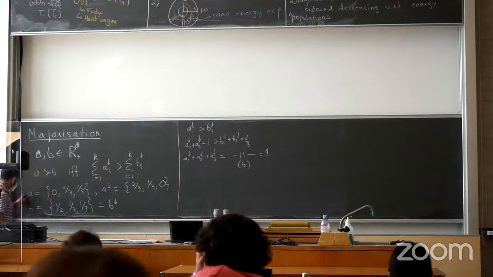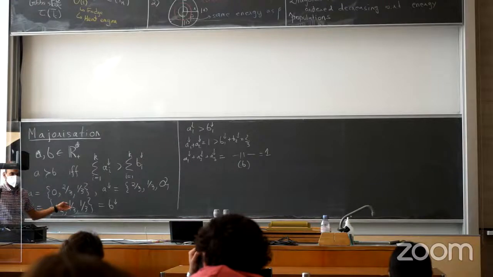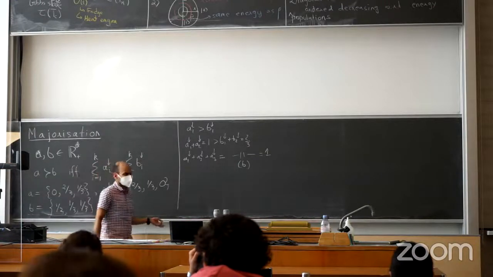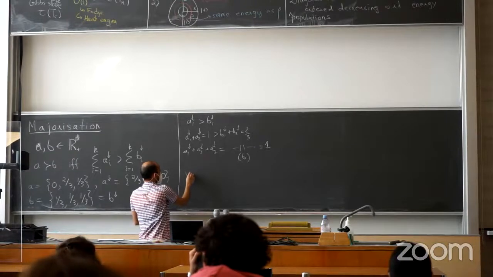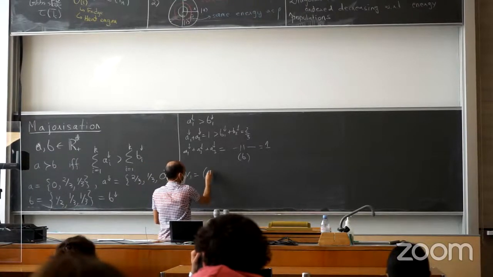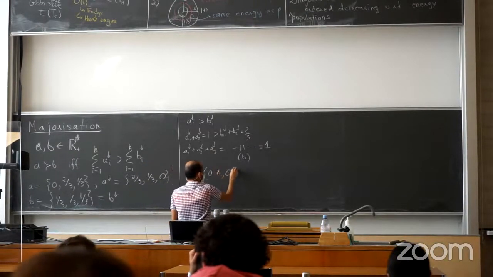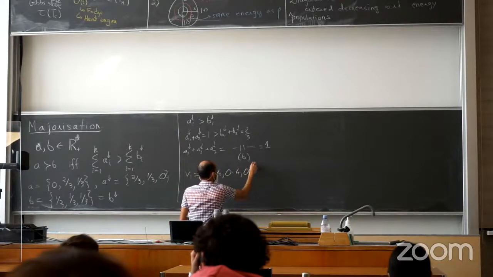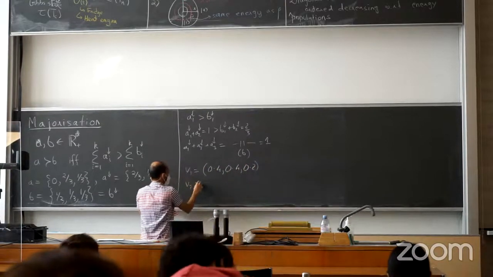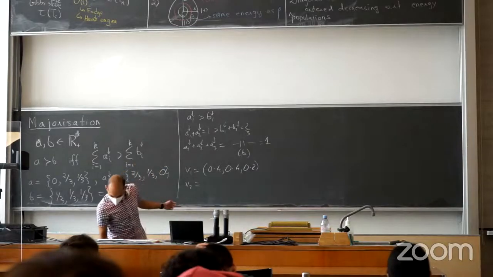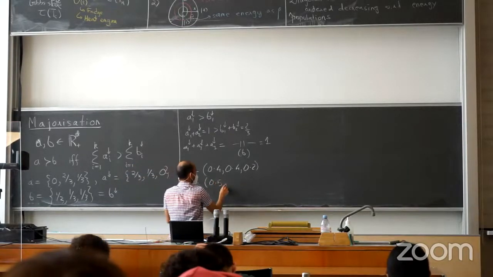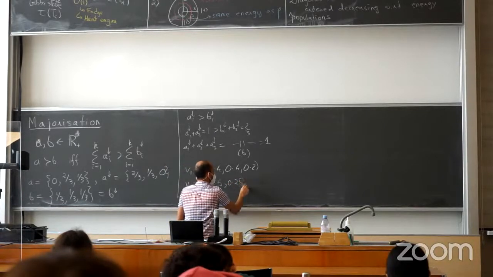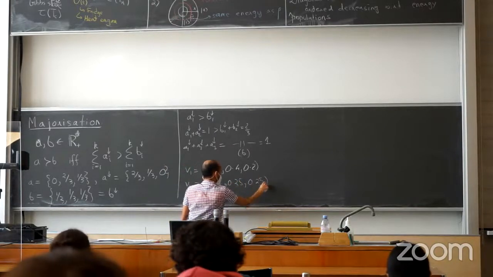Majorization gives you an ordering between vectors, but it is a partial order because not every vector is comparable to another. So, as an example of two vectors that are not comparable, take V1 equal to 0.4, 0.4, 0.2, and V2 equal to 0.5, 0.25, 0.25.